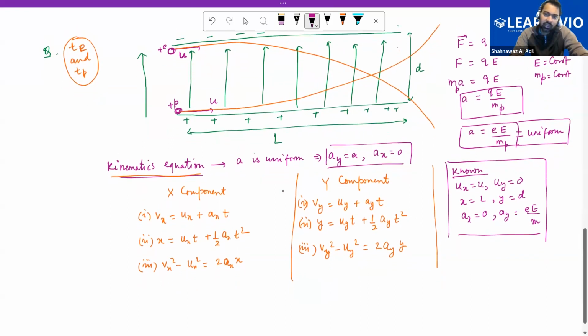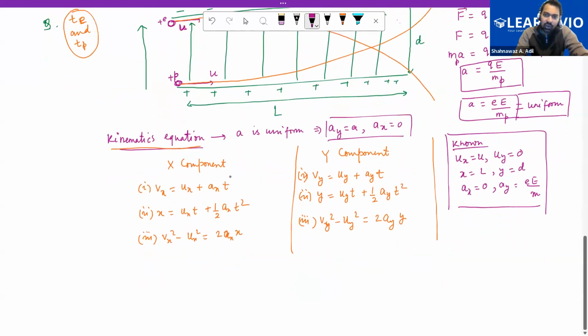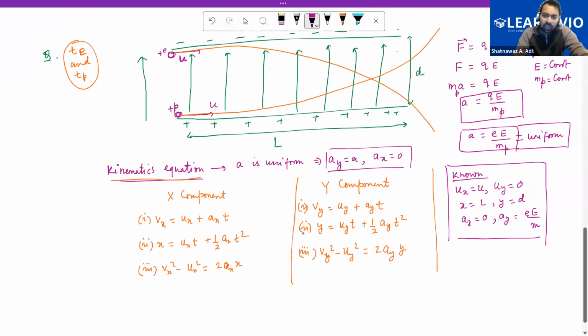Okay, so now let us solve this question. We want to calculate this t. We know this y and we know uy, so we can calculate using this. Or we can use this x equation also, since we know x and L. But mass is not there, and we want to relate it with electron and proton.